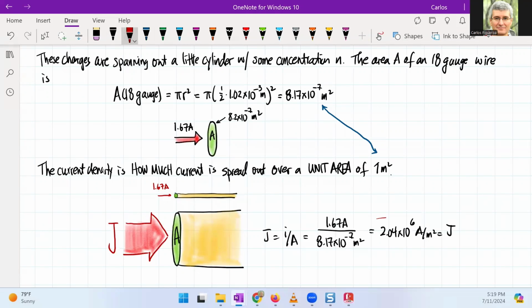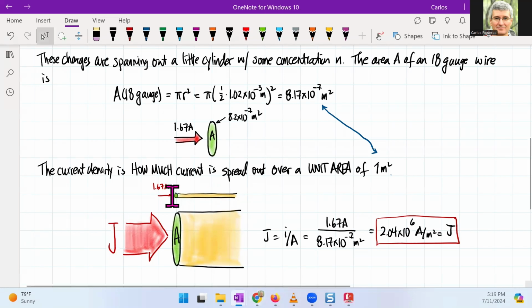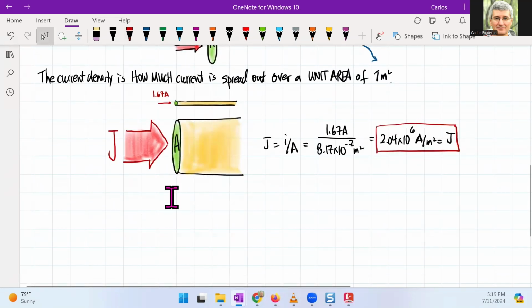So once again, yes, this number is ginormous, but it has a standard unit area, whereas the copper wire does not. So let's summarize this.